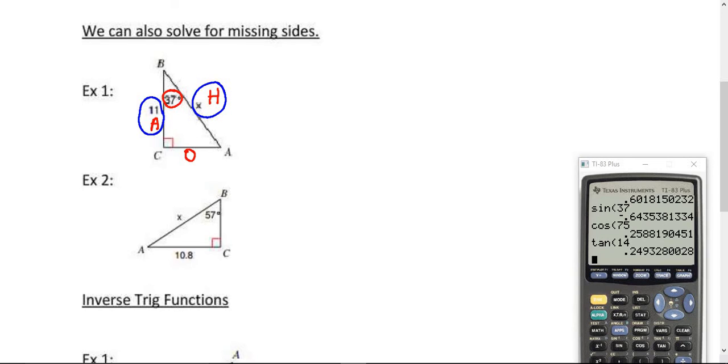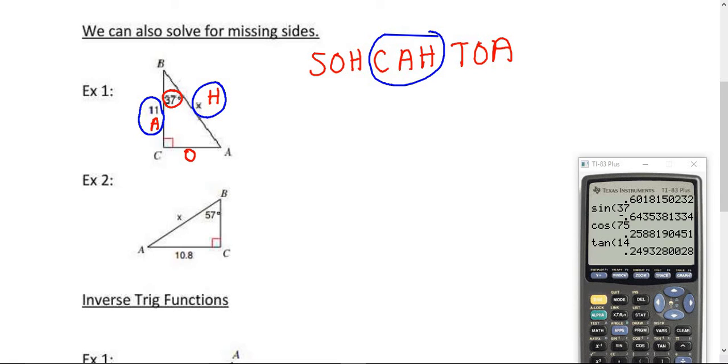So if I'm using A and H and I'm using SOHCAHTOA, I know I should use cosine because cosine uses A and H. So cosine of 37 equals, and then it should be adjacent first, so 11 goes on top, and then hypotenuse, x, goes on the bottom.